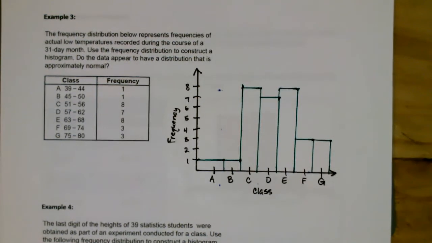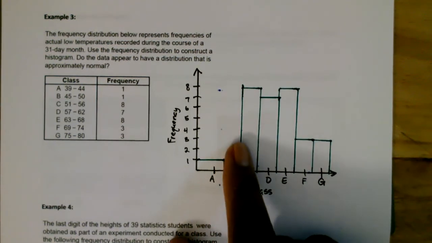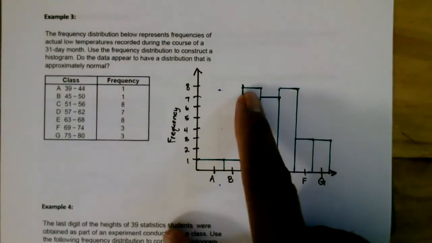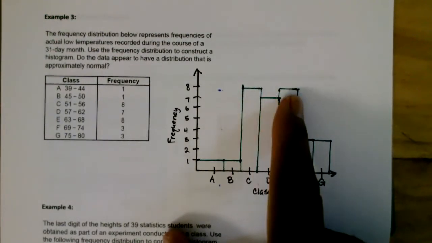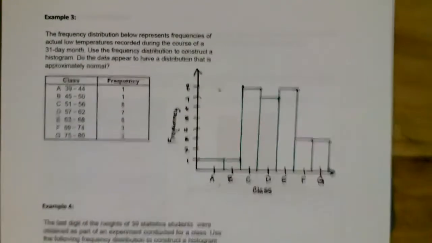Then the question is, do the data appear to have a distribution that's approximately normal? It starts off low and then goes up to a few high numbers. The height gets taller and then starts to get smaller, with smaller numbers here.